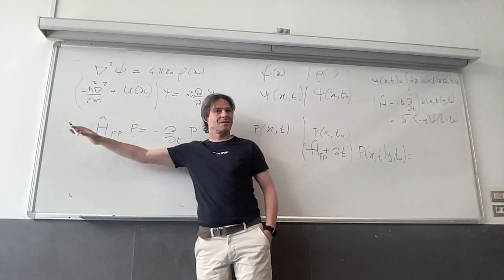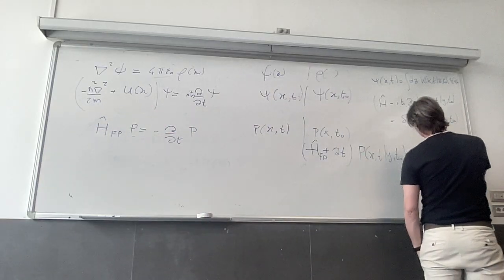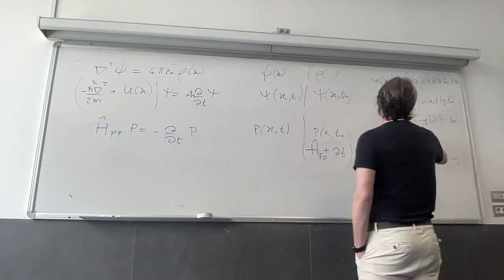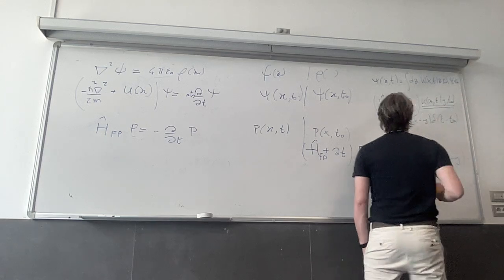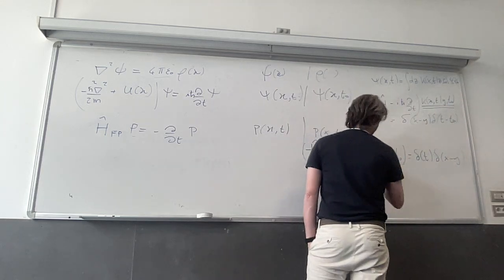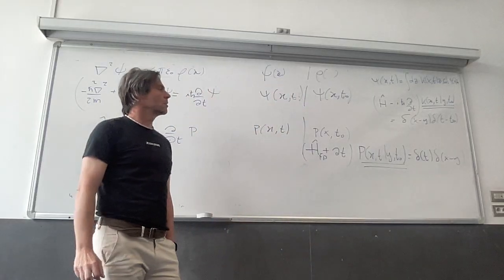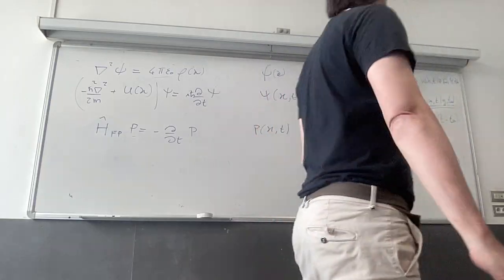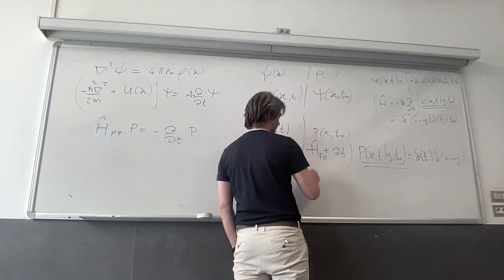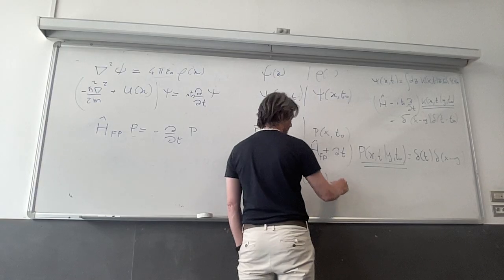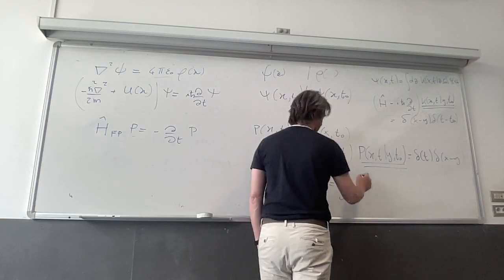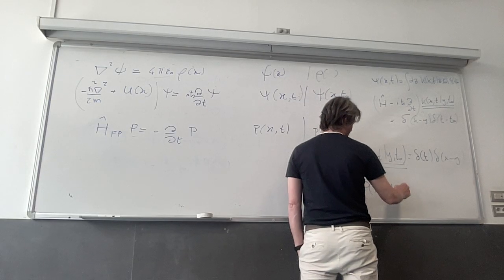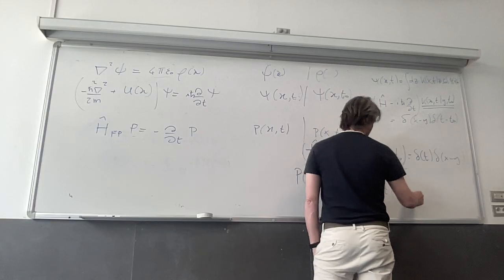Which is this, with delta of x minus y on the right-hand side. So given the analogy of the Feynman propagator in quantum mechanics and the Fokker-Planck propagator, we call them by the same name. They're both propagators, because the probability of finding the particle at x at time t is given again by the convolution of the propagator with the initial distribution.